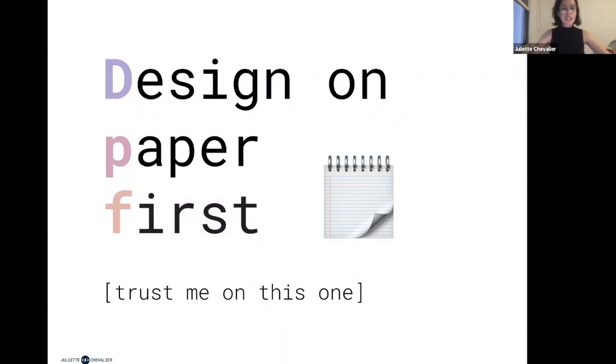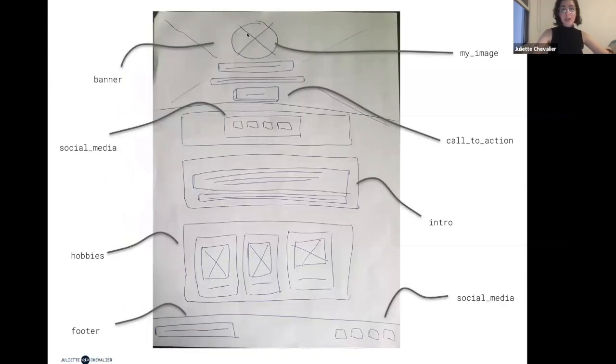And for this series, what we're going to be building is a bit of a personal page. So what I thought was just something where you have maybe my image with my picture on it, my name, maybe some social media, some information about what I do, some contact information so that people can reach me, so a call to action, then some social media sites, some introduction, like an about me statement, and then maybe my hobbies, where I have maybe an image and text, and then at the end just a footer where I'm stating who I am and my social media links.